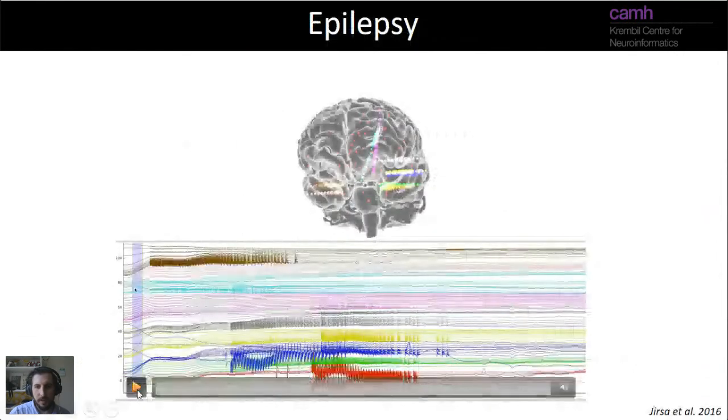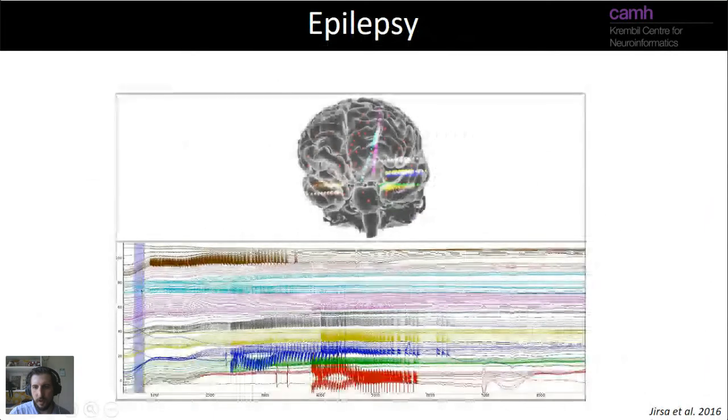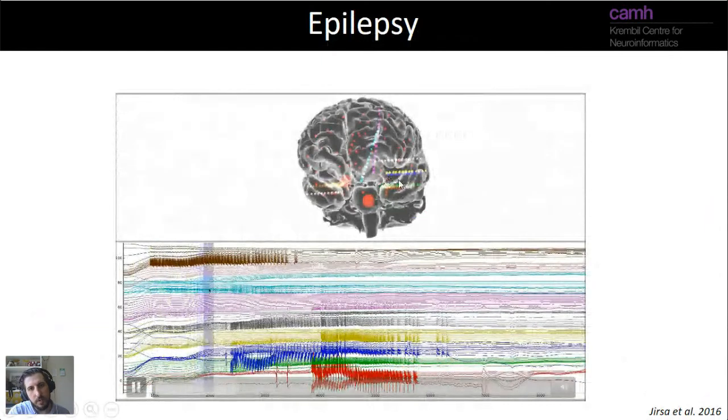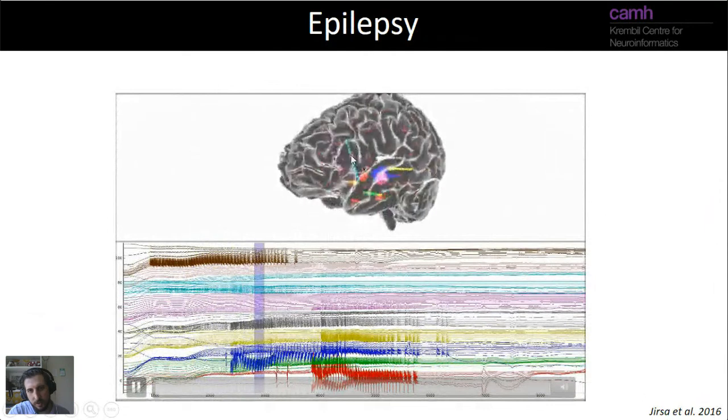A big domain that's been quite successful on the clinical side, and I mentioned earlier on, is modeling epilepsy. This is an example from a model, but it reproduces empirical data quite well, of the generation of an epileptic seizure. Each of these little dots here is a depth electrode, and the traces on the bottom are the LFPs that are recorded by each of the contact points on these depth electrodes.